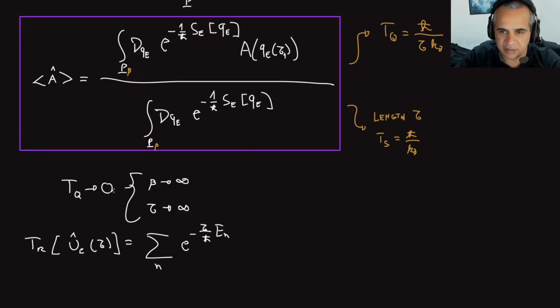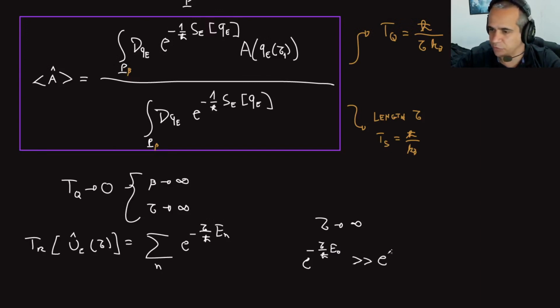You see, I'm taking the temperature to 0, and what happens here in this evolution in Euclidean time is that as tau goes to infinity, this exponential of tau over h bar E0 is much, much bigger than the exponential of tau over h bar E1, because E0 is lower than E1, and I'm making the exponential huge. I mean, tau is huge.